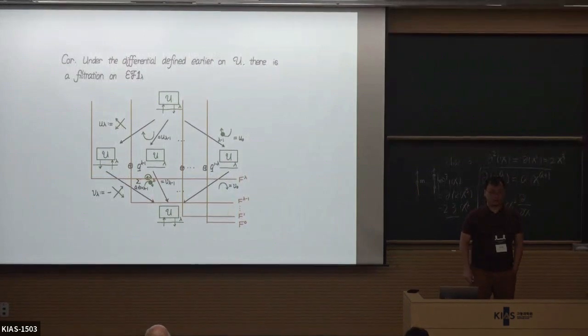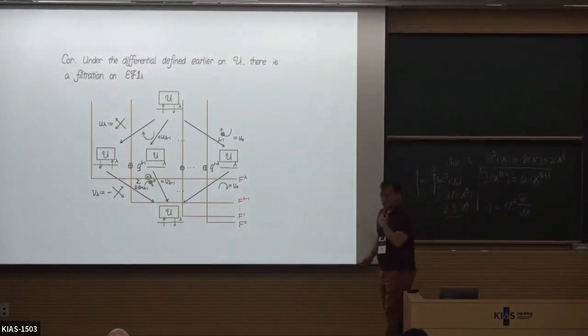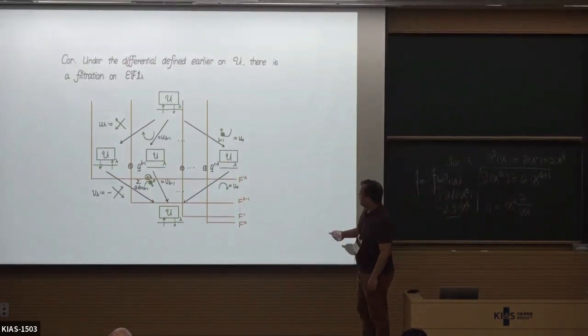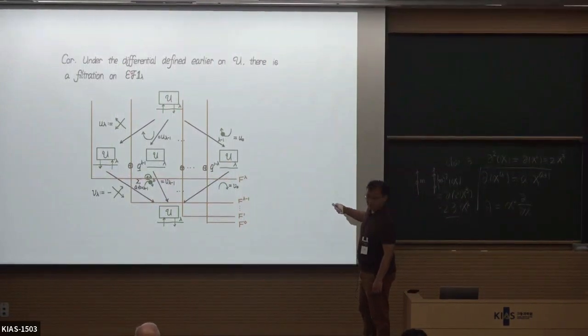It becomes a filtration. EF of 1_lambda: this is the projective module where the bottom part is E and F, and the rightmost side is lambda.